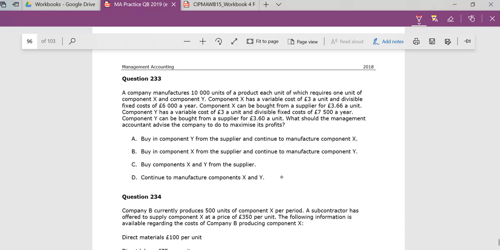This is an interesting one again. Let's say we have X and we have Y. Again, I'm jumping into it because you've read it.